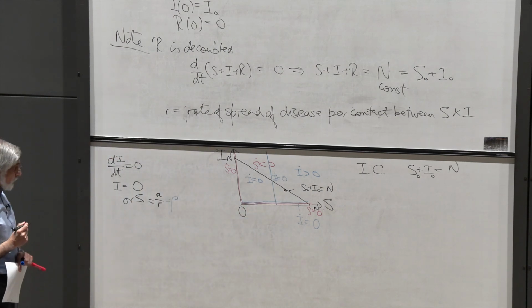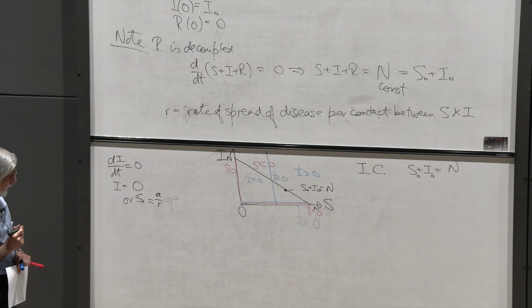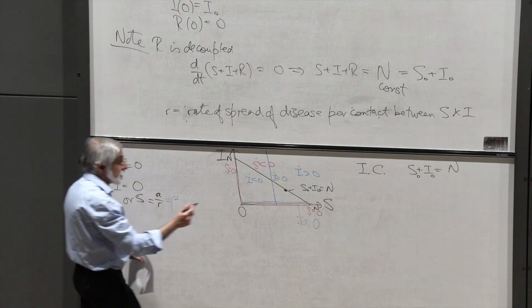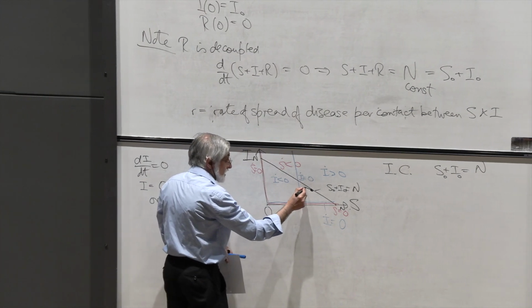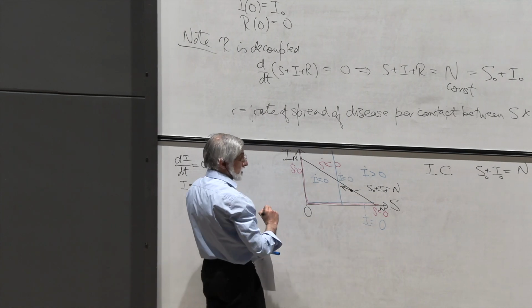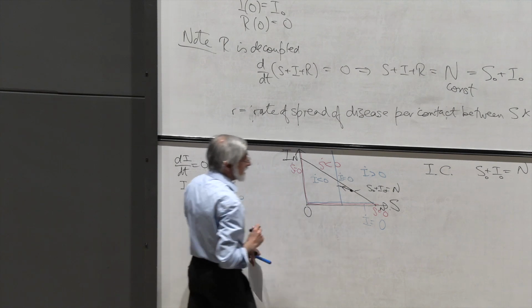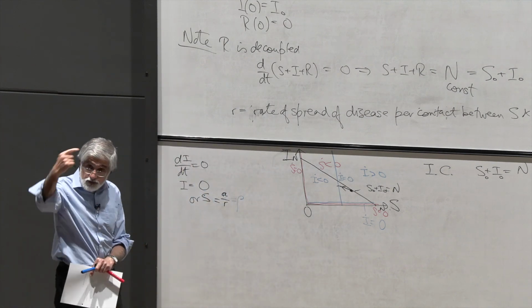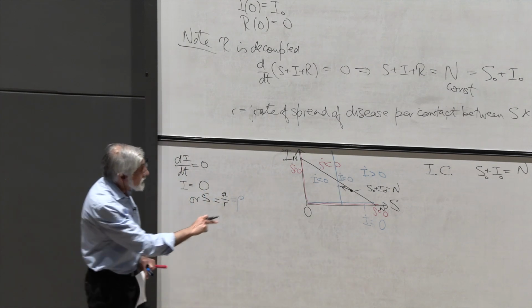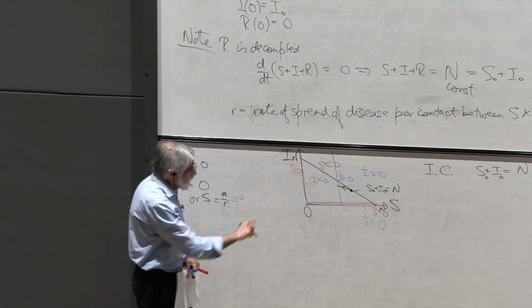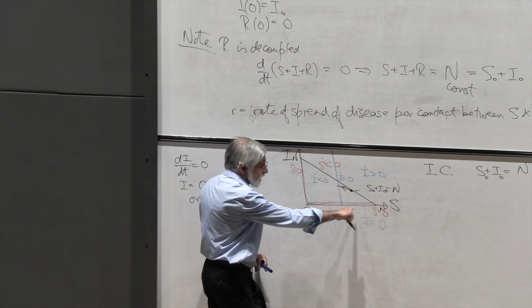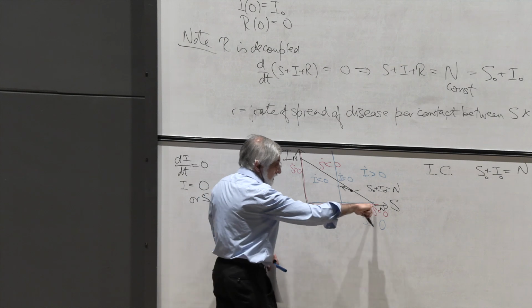Then I dot is positive, S dot is negative, so we'll increase. And then we cross here horizontally. Now I dot is negative, so we decrease. Notice that in this case, we've actually got a continuum of steady states.